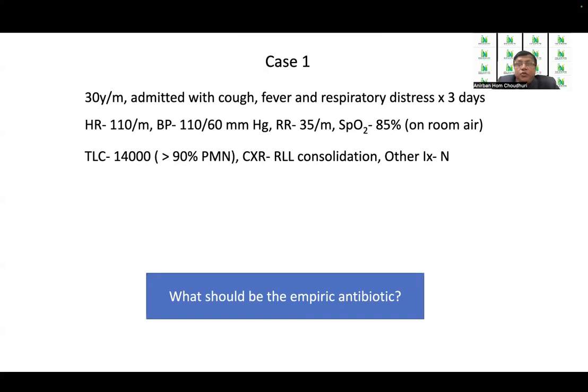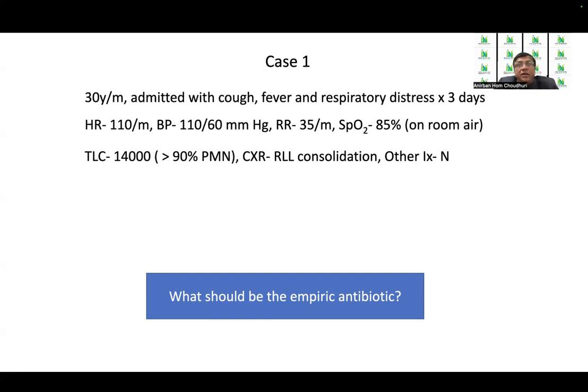We know that the empiric antibiotic is the one which covers most of the organisms that we can think of when we diagnose any particular condition. So we have to choose an empiric antibiotic, number one, which is likely to cover most of the organisms known to cause community-acquired pneumonia in our setup, and then tailor it down to a definitive antibiotic once we get the report of the cultures.